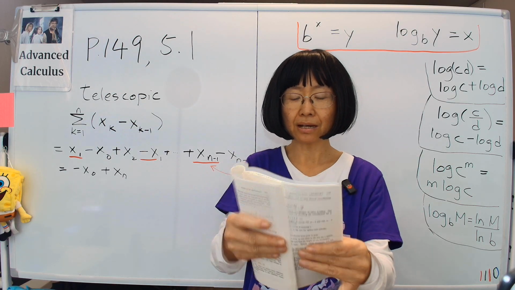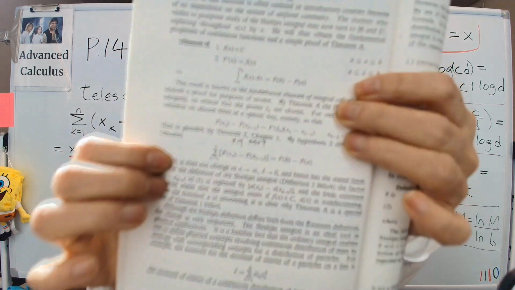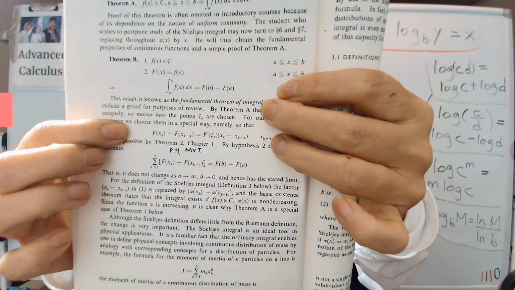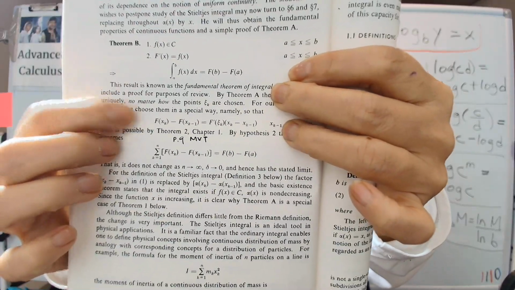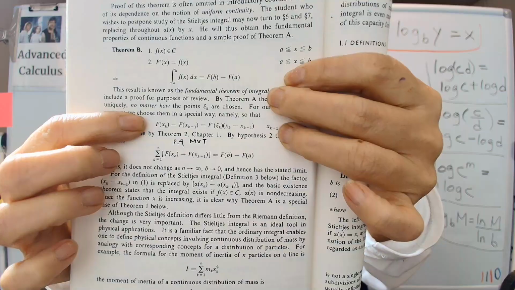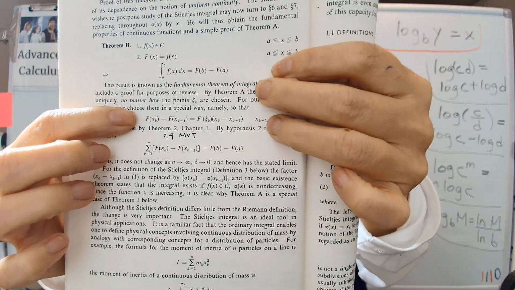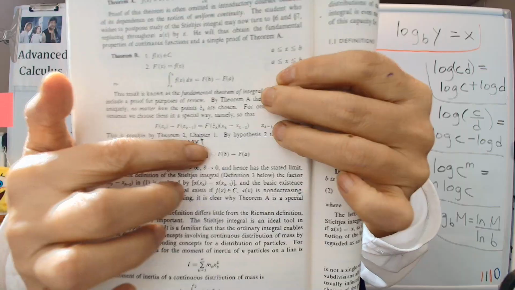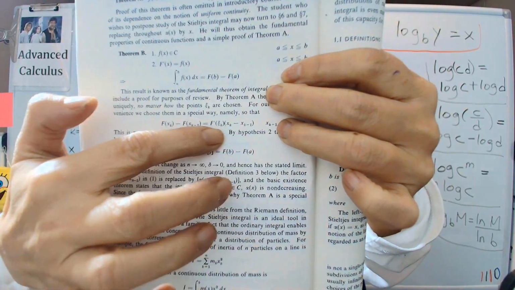Let's look at the equation for a second. We'll choose psi of k such that big F of x k minus big F of x k minus 1 equals big F prime of psi of k times the difference.